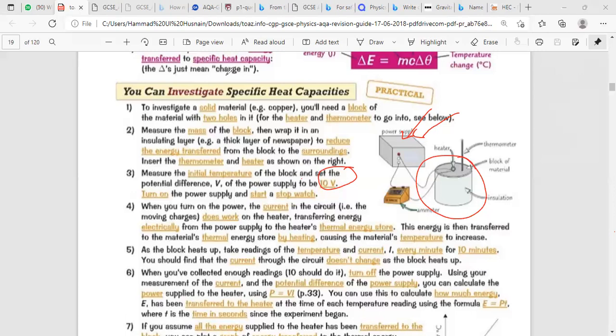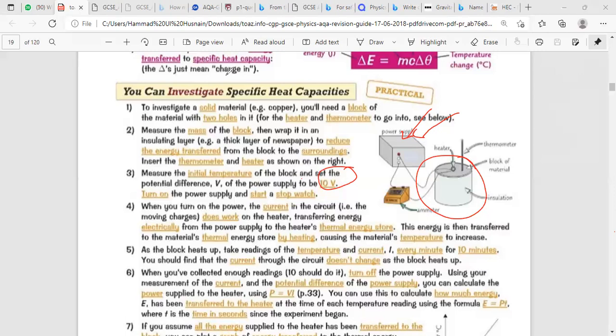We are providing the energy to that copper bar, or you can say the mass of the copper. The energy is then transferred to the material in the form of thermal energy, and by heating, causes the material's temperature to increase. Now when we are giving it heat, its temperature will rise. So what will happen next?